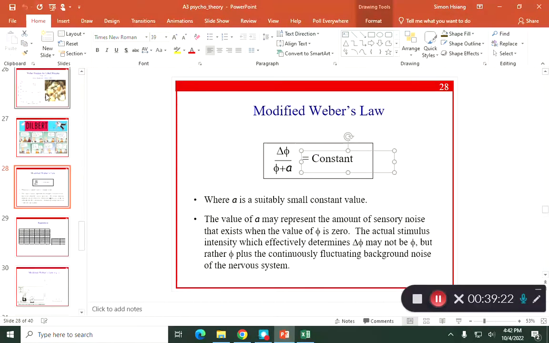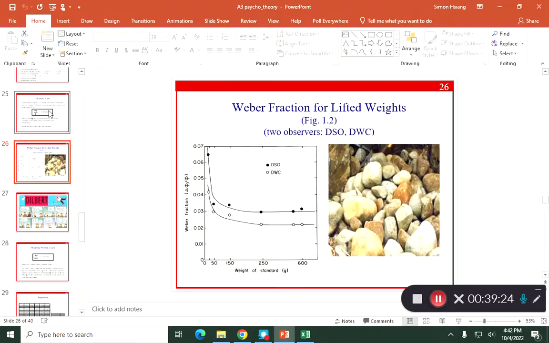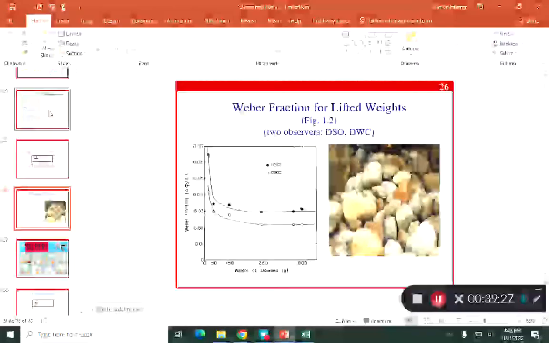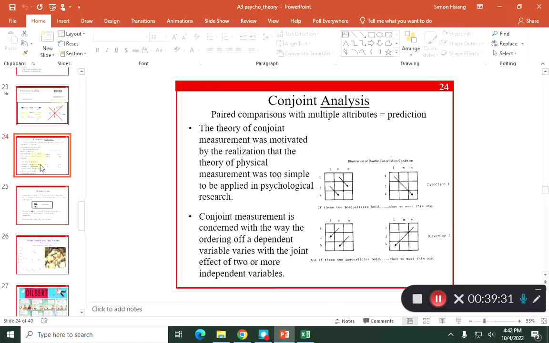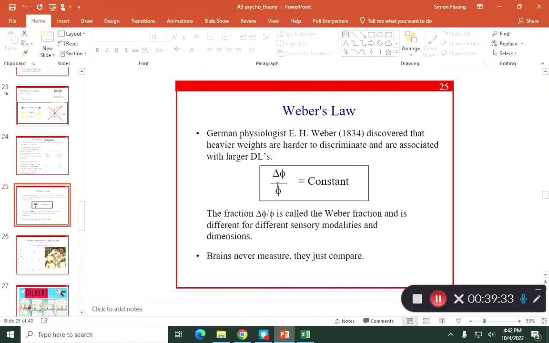The one we're going to talk about first is called Weber's law. Weber's law started by doing this. A German physiologist in 1834, again, after the industrial revolution. And why after the industrial revolution?